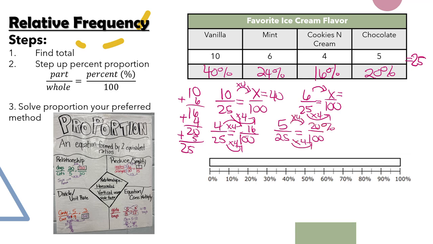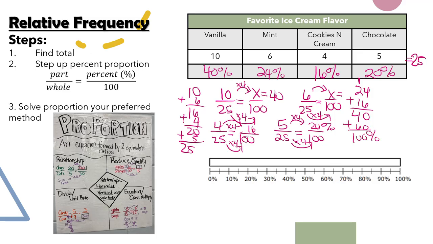Remember, our total should always add up to, you got it, 100. So in this case, we know that 40 plus 20 gives us 60. Now let's add up my two other ones. 24 plus 16 gives me 40, plus my 60. We know we got 100%.